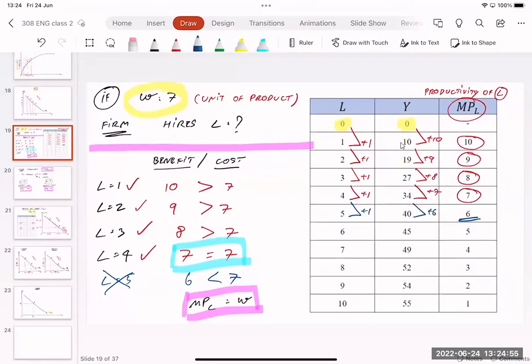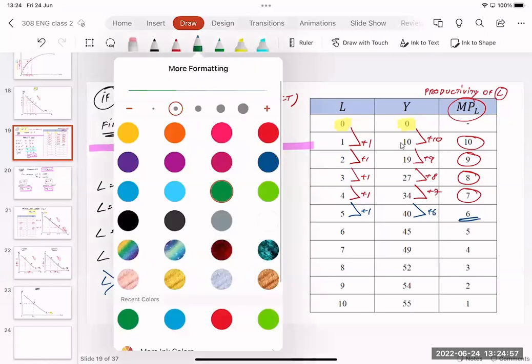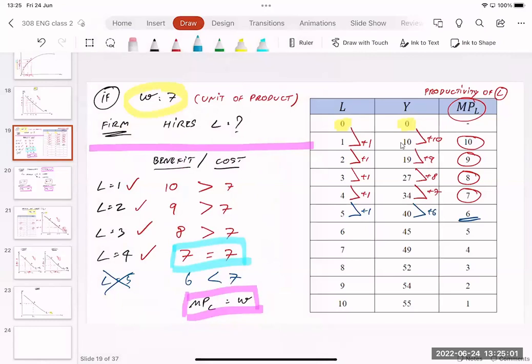You can check this one: if MPL is increasing, let's say starting from 12, 11, 10, 9, 8, 7, 6, 5, 4, 3, you can see that if MPL is increasing, it means that labor can help the firm produce more.